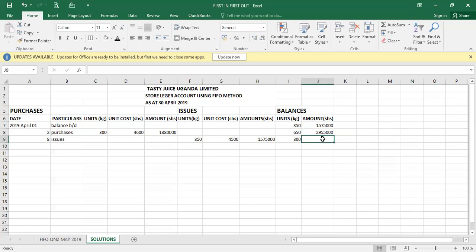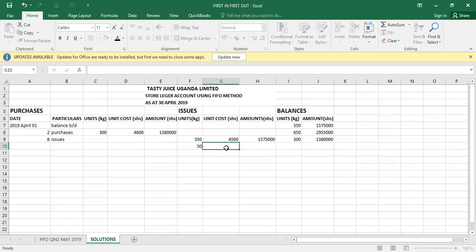Then we have also to adjust the cost to be this minus this. These 300 units, they are valued at this price. So remember, we issued out 400, and we've first issued out the 350, meaning there is a balance of 50 units.